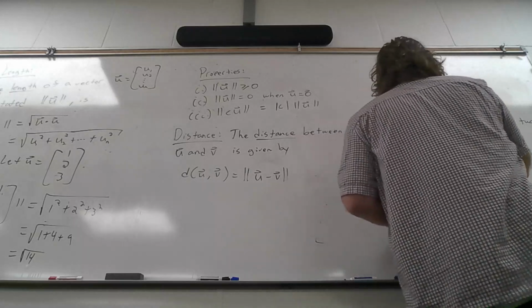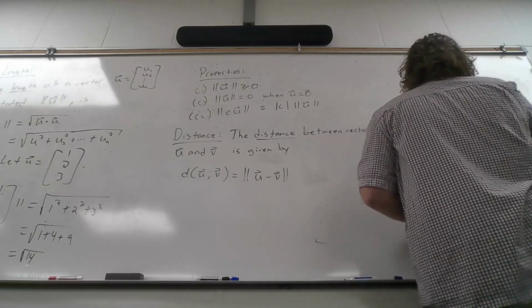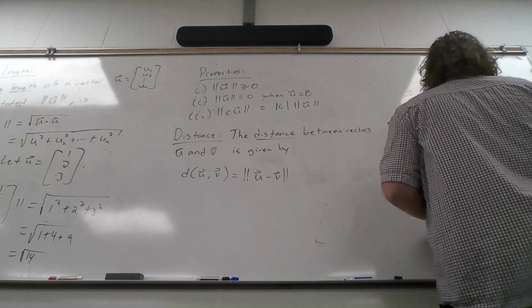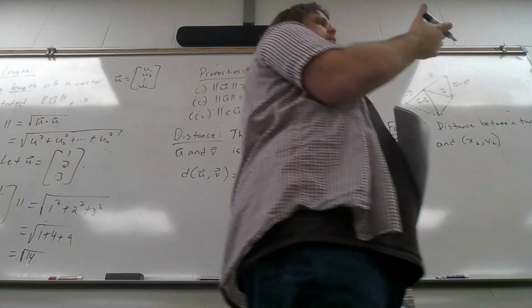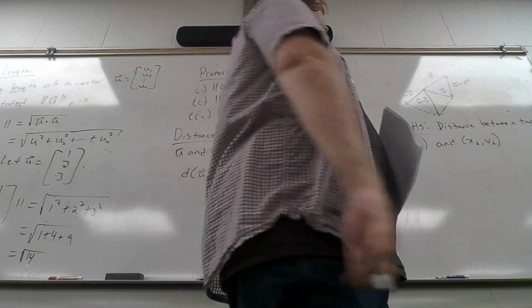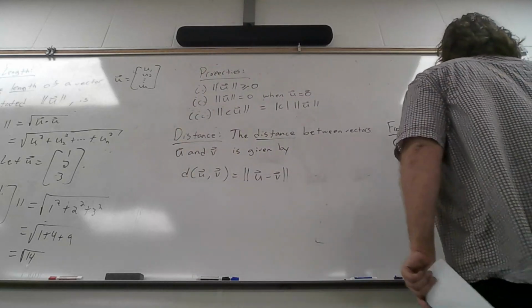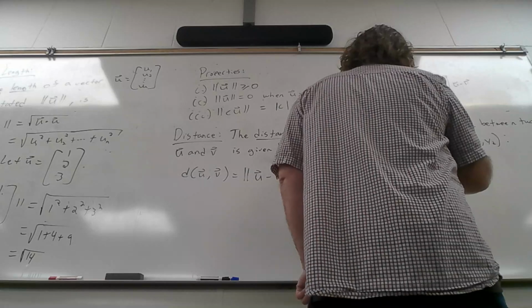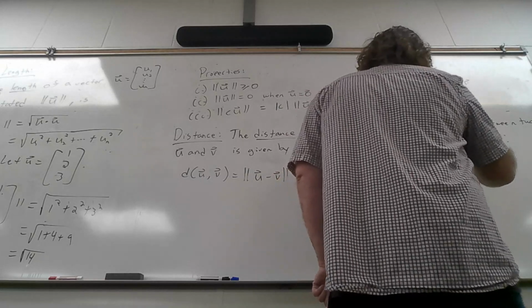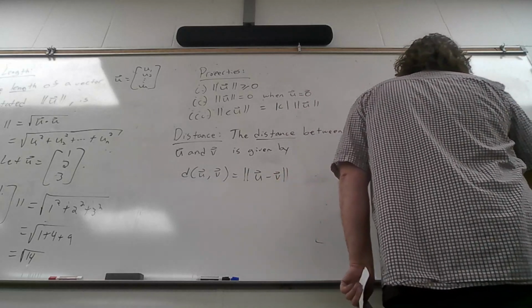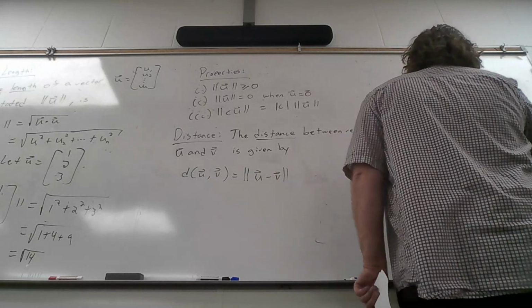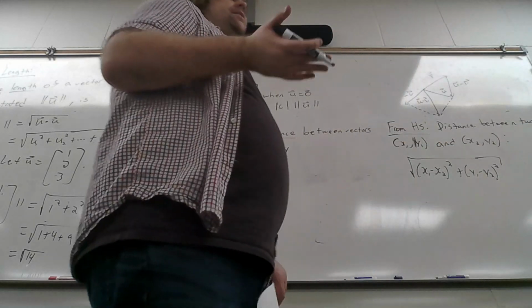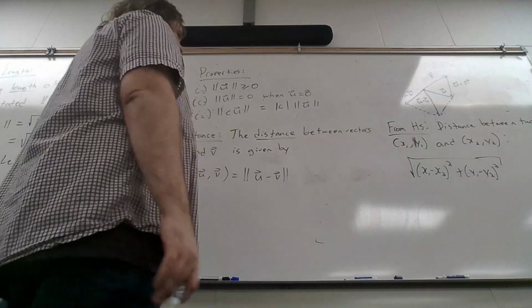And they might have used different notation in high school. They might have called it x, y and then r and s or something like that. So there's a formula for this. It's the square root of x1 minus x2 squared plus y1 minus y2 squared. So that gives us the distance between two points.